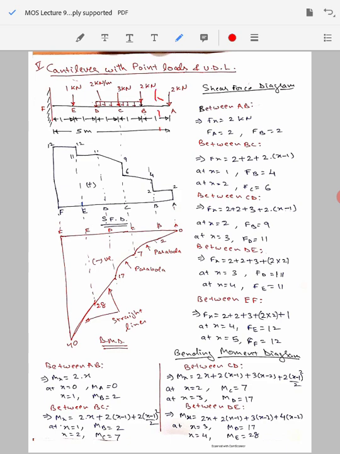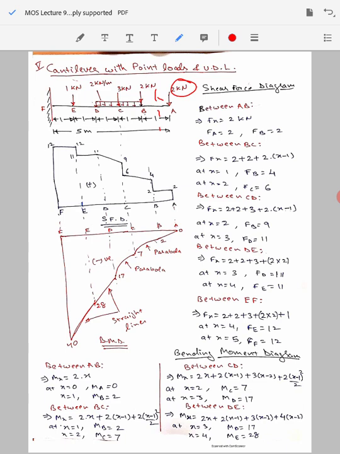If we draw the free body diagram of the right hand portion of this cut section, that means from the point where the beam is cut to the point A, there is only one load acting, the 2 kilonewton external load applied at point A. So the shear force developed in this section will be equal to 2 kilonewton only, and the equation of this will be Fx equals 2 kilonewton.